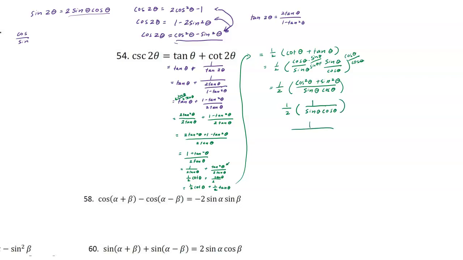And then I'm going to distribute the 1/2. So that becomes 1 over sine of 2 theta, which equals cosecant of 2 theta, and the left-hand side equals the right-hand side. Wow, tough, huh?